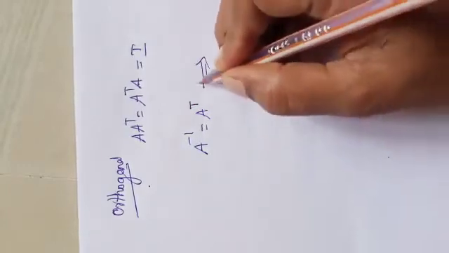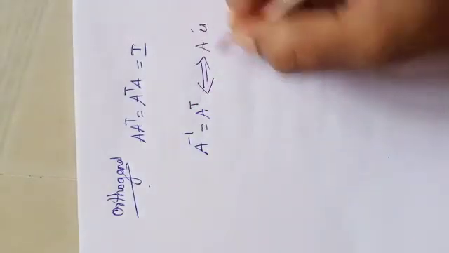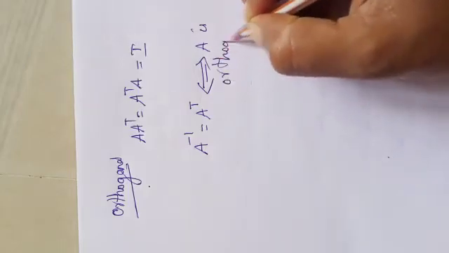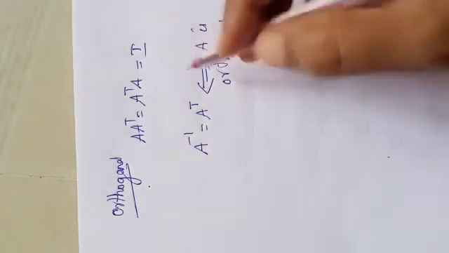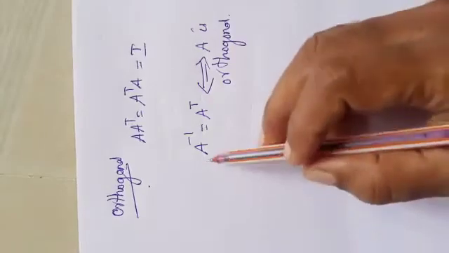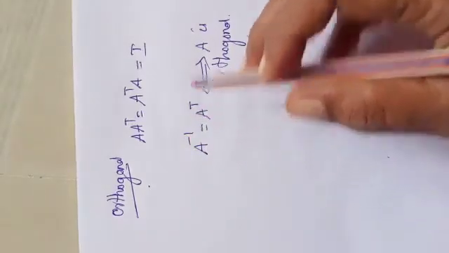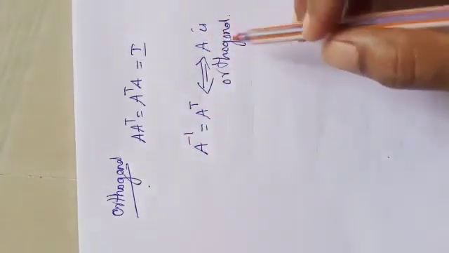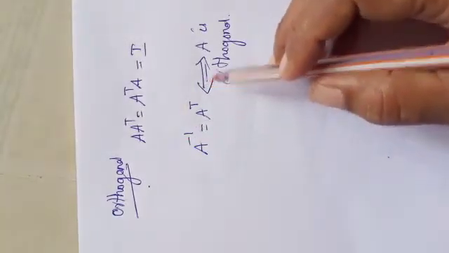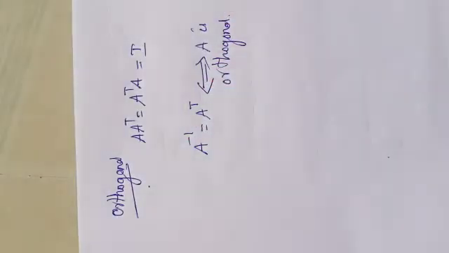So when A is orthogonal, we can say A inverse equals A transpose. The same way, A inverse equal to A transpose means we can say that A is orthogonal. So all these things we have learned in exercise 1.1. See, the related exercise is 1.3.